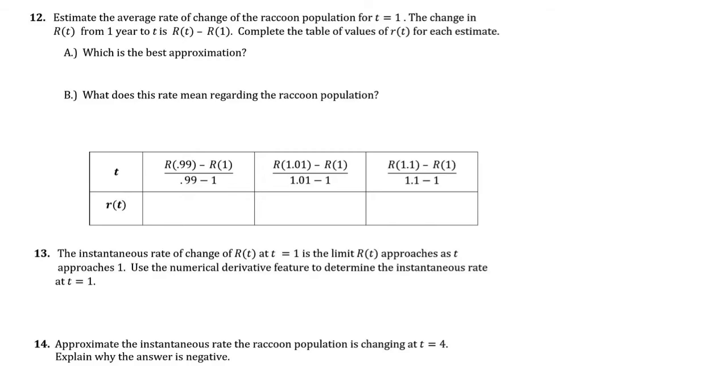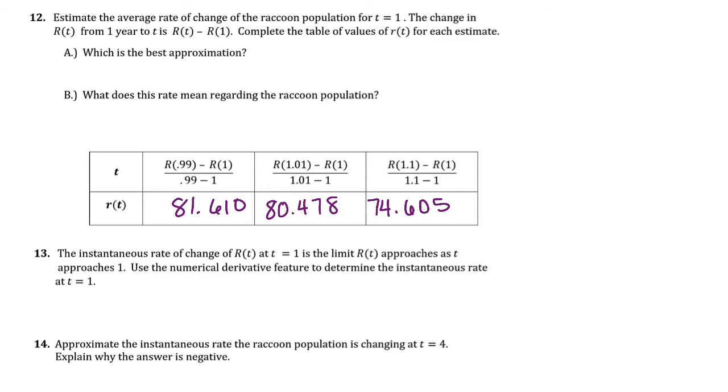All right, so the first one here, R at 0.99 minus R at 1, that's going to give us 81.610. If we number crunch the other, we're going to get 80.478. And then the other, we're going to have 74.605.